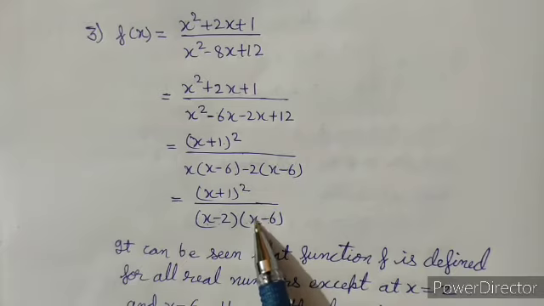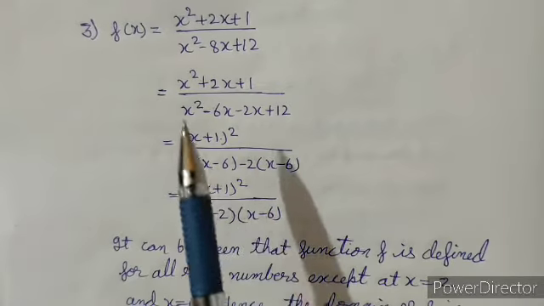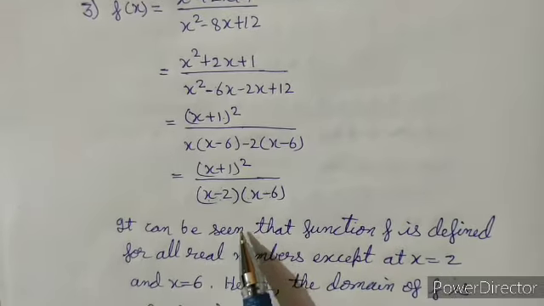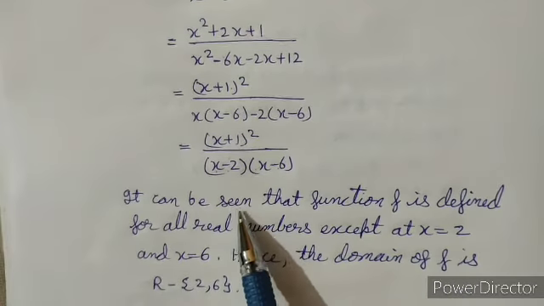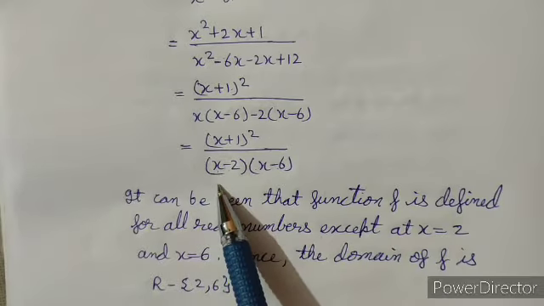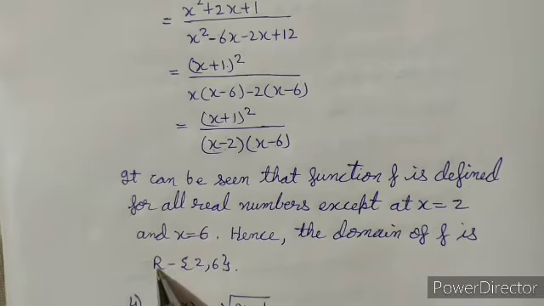Also, x equal to 6 will also give us the denominator as 0, and so at 2 and 6 the function will not be defined. Thus, we can say that the domain of f is any real number excluding 2 and 6, or we can write it as R minus {2, 6}.